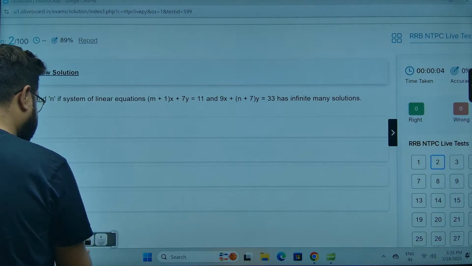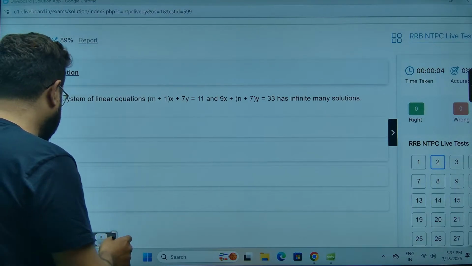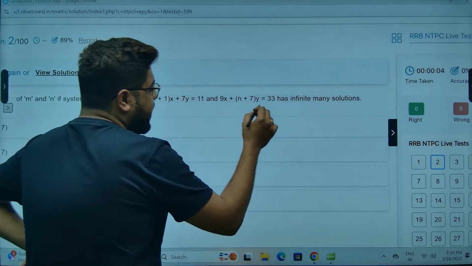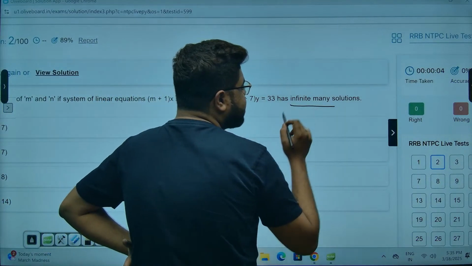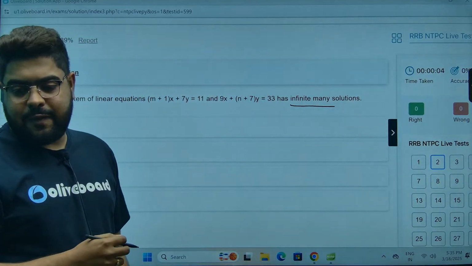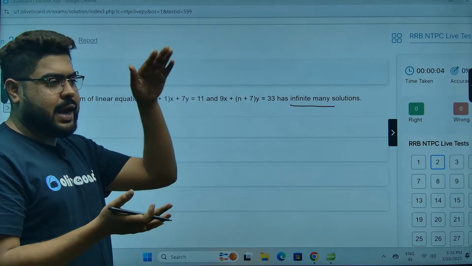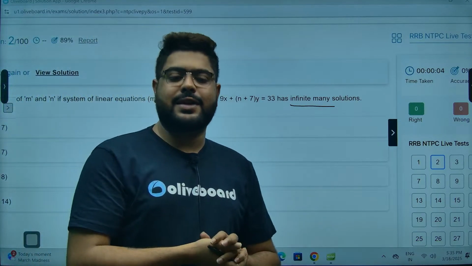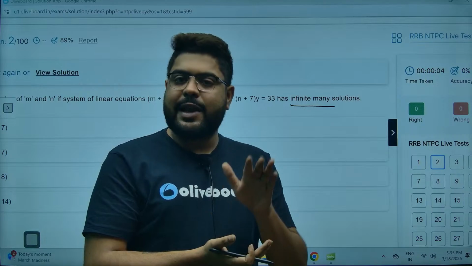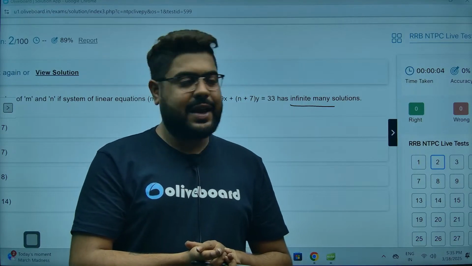Infinitely many solutions means one line will be superimposed on the other line. The first line will be on top of the other line.